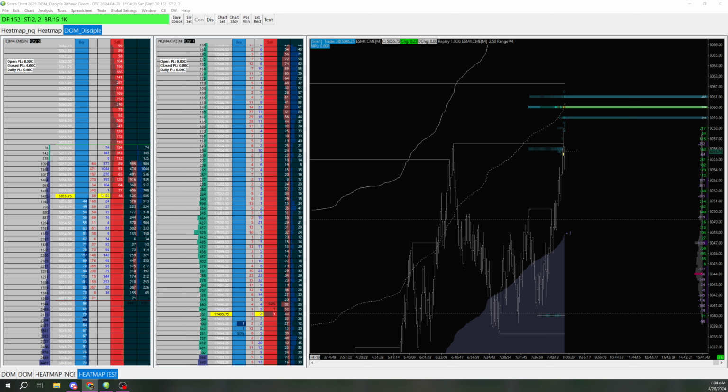We push back up into 55, 56, start dropping again, and then eventually we really start taking a move down, and this actually ends up being the high essentially of the day.